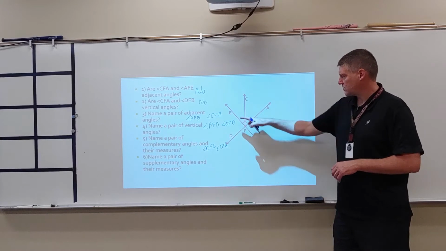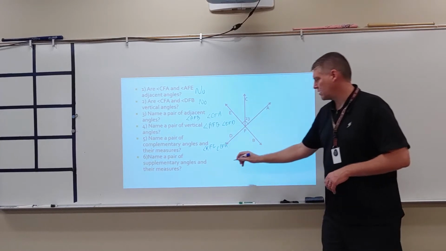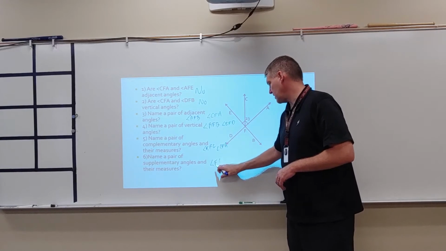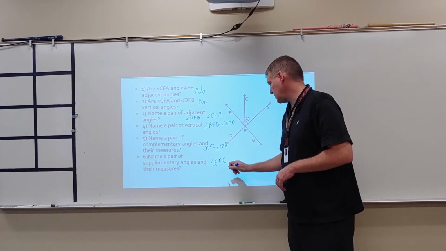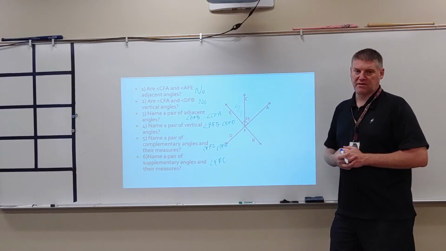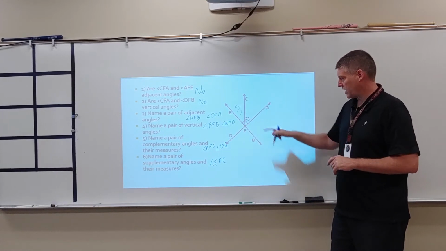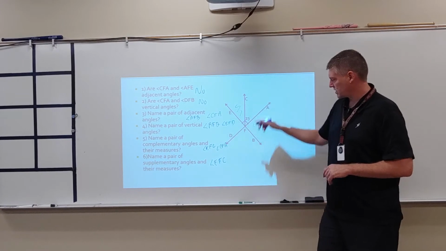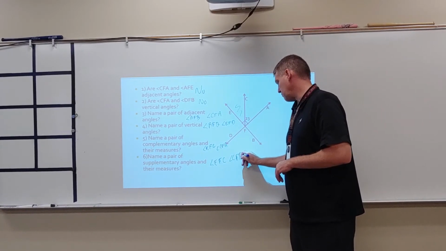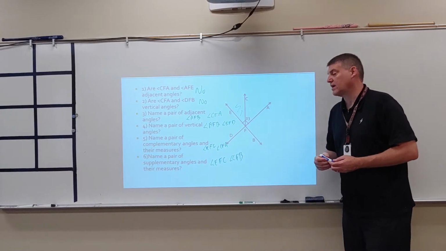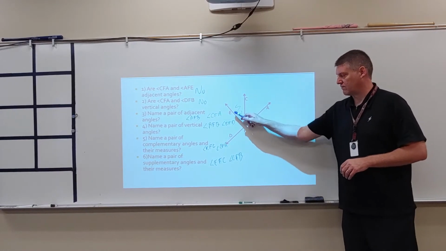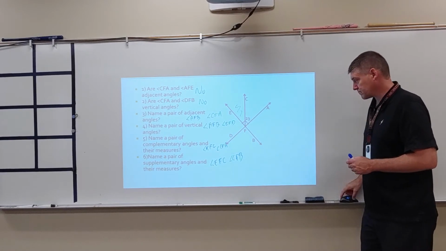I'll pick this angle right here, angle EFC. Now I need the other angle that's going to make it add up to 180. That's this whole section, angle CFB. There are a lot of supplementary angles in here. You could have picked any number of different ones.